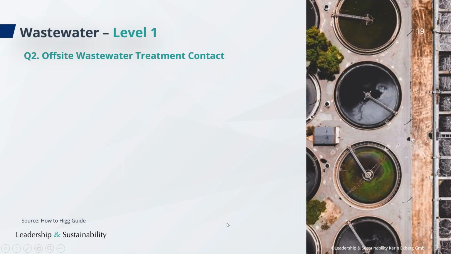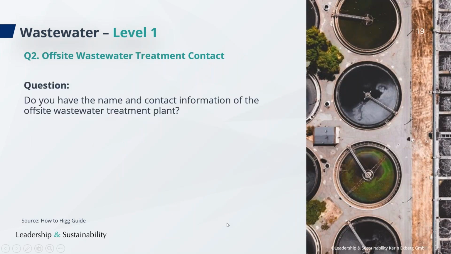And then the next question is, do you have the name and contact information of the offsite wastewater treatment plant? So this question might be a bit strange in a way, but the reason is that we need to make sure that we take more and more responsibility for what is happening upstream and downstream of our facility. And in this case, it is downstream.